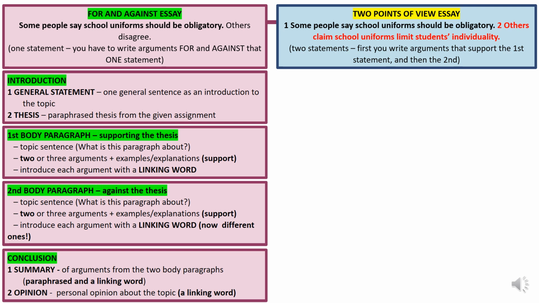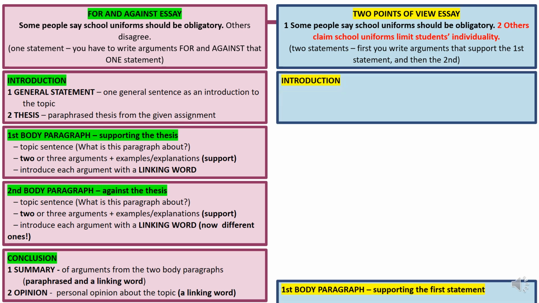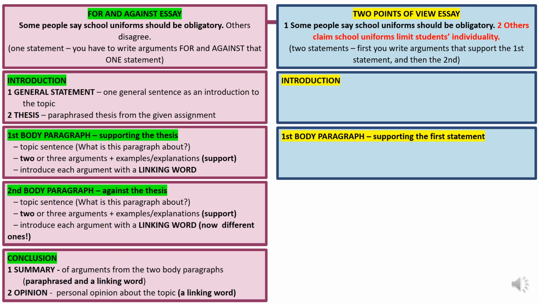Now let's go on to 2 points of view essay, which in fact is the same. You once again need introduction, you need the first body paragraph. Now in this first body paragraph you are going to write your argument supporting the first statement. So school uniforms should be obligatory.